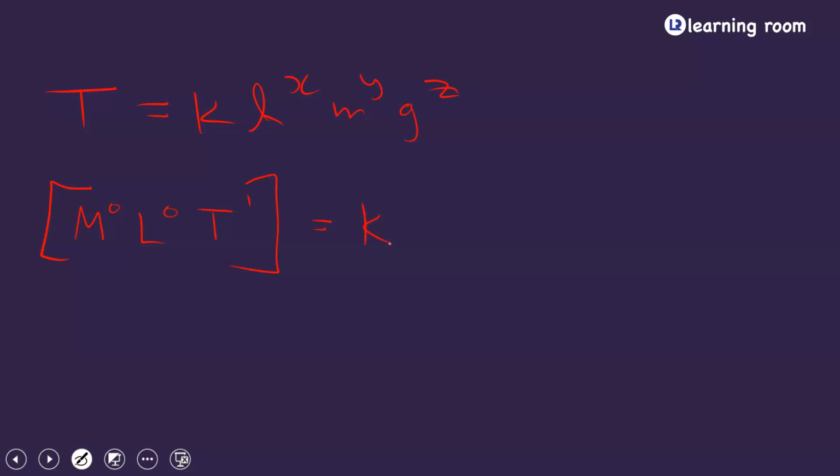And do you know what length is going to be? L to the power 1, and it's whole to the power x. Now, what is mass going to be? M to the power 1. And what is my g going to be? You have done this for acceleration last class.